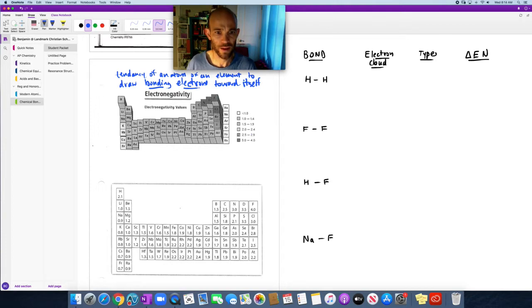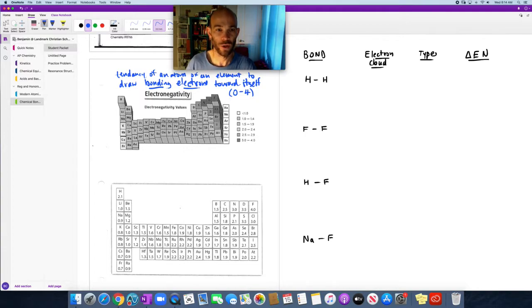And the scale is kind of difficult to read, but basically as the color of the element gets darker and darker and darker, it's getting more and more and more electronegative. By the way, electronegativity is measured on a scale from 0 to 4, and I'm not sure why they chose to do that. It doesn't really have units per se, it's just a relative scale from 0 to 4.